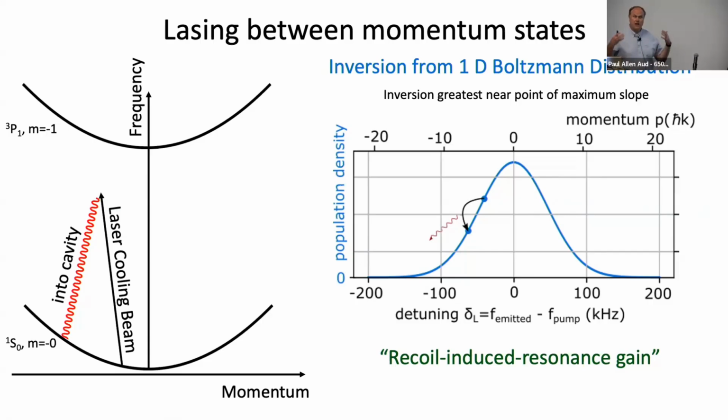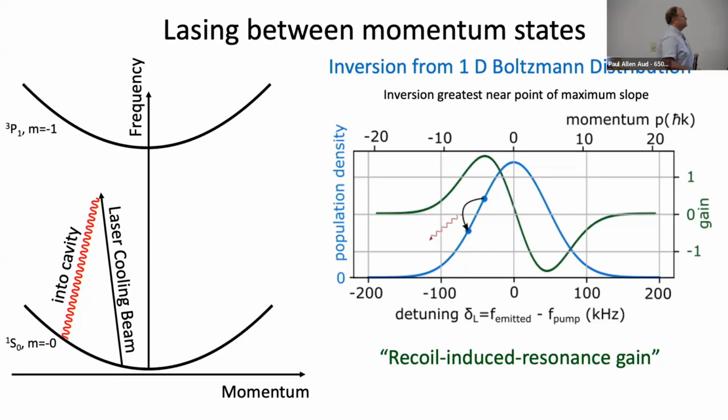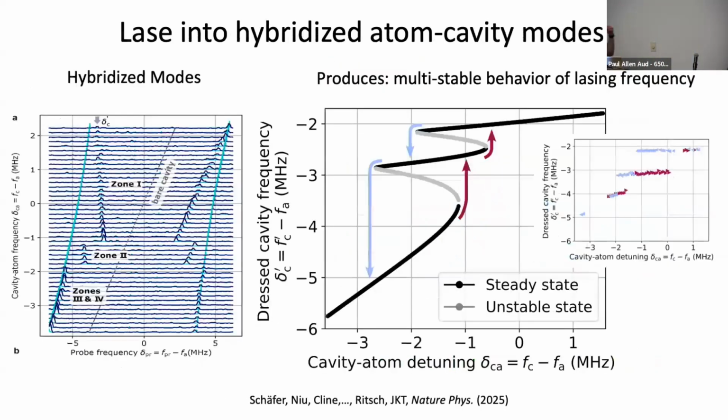And because there's a difference in population, there's inversion, and you get gain. You get lasing in the system. Okay. Sometimes in free space, I think it was Hemmerich who saw this a long time ago. It's called a recoil-induced resonance gain. He was doing sort of free space probing of ensembles. Okay. If you take this, basically you can find out that the gain curve as a function of frequency is basically the derivative of this sort of Gaussian over here. Good.